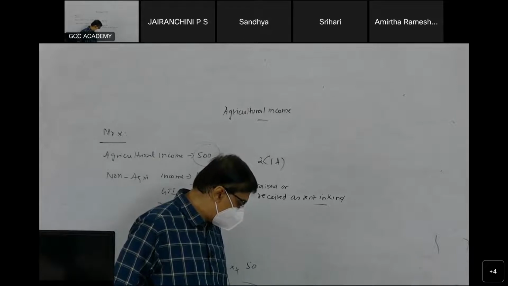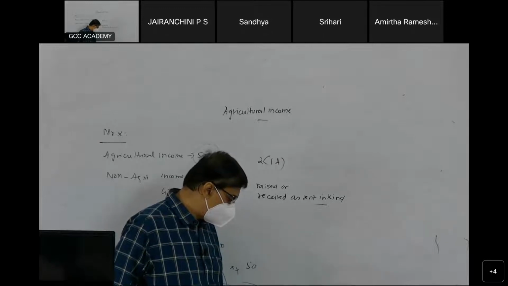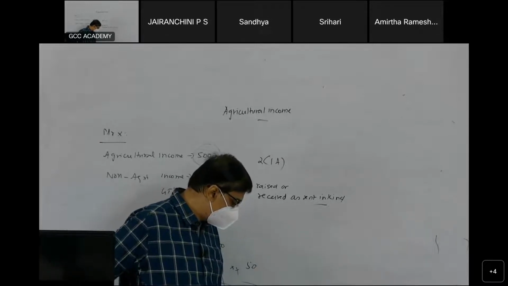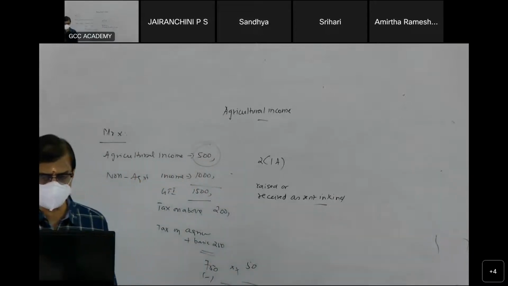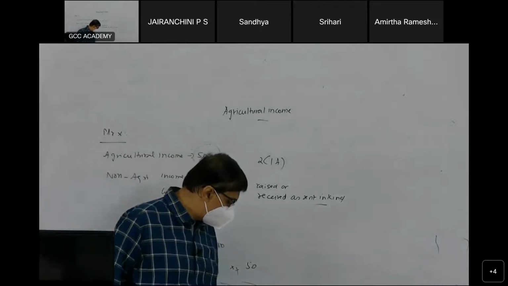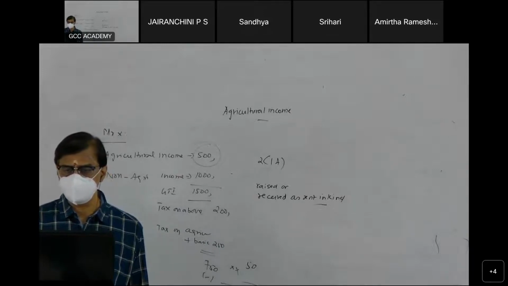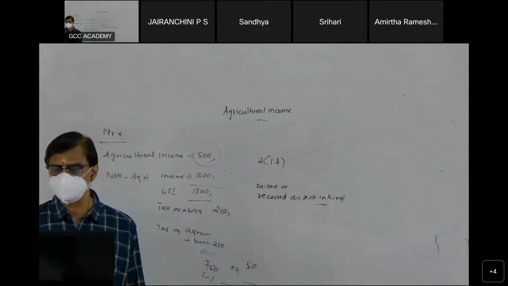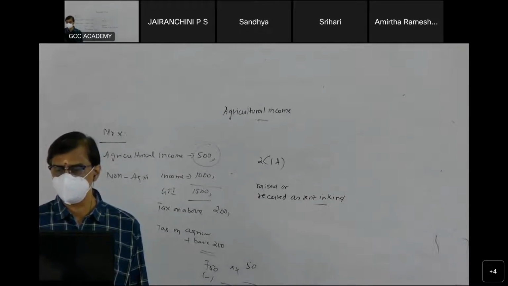Rent or revenue derived from land. The following are the conditions to be fulfilled. Rent or revenue is exempt, derived from land. The conditions to be fulfilled: one, rent or revenue should be derived from land, maybe in cash or in kind.